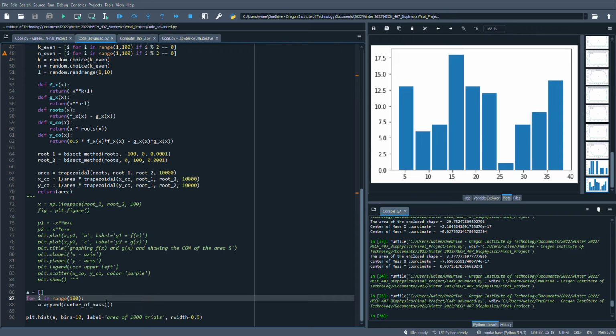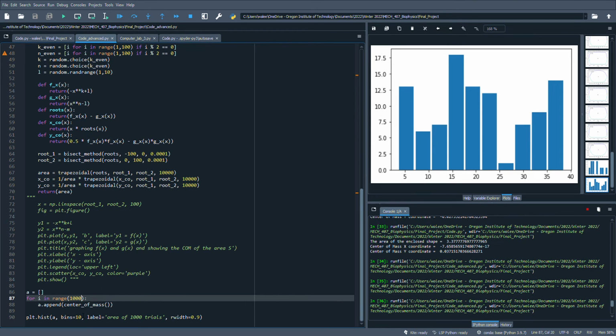Let's try 1000. For the next trial, I want to try 25 bins. Seems to be taking a while. Okay, I'm not gonna wait too long on it.